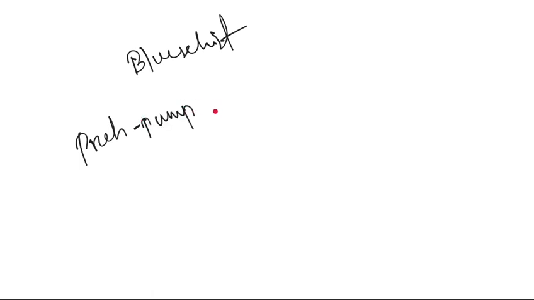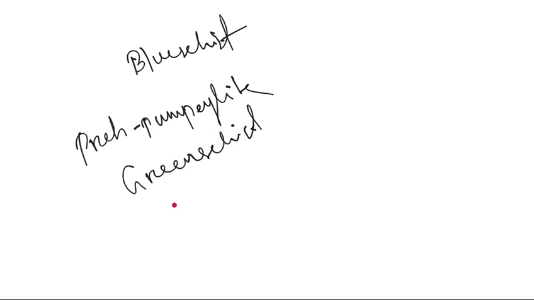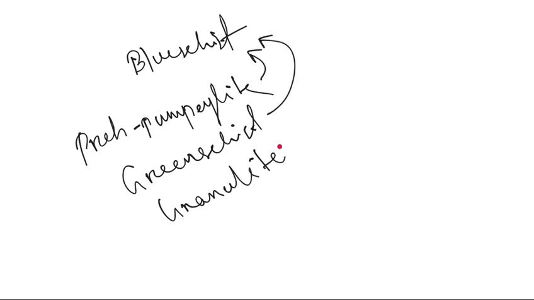Blueschist can be formed directly from prehnite-pumpellyite, green schist, and granulite. Blueschist can be formed from here directly.